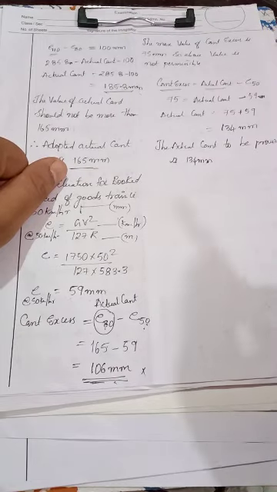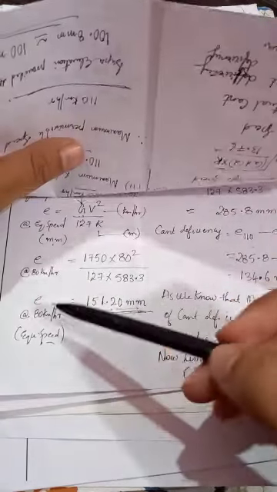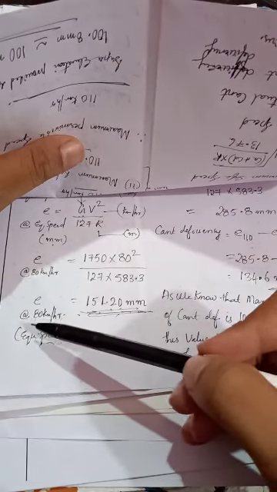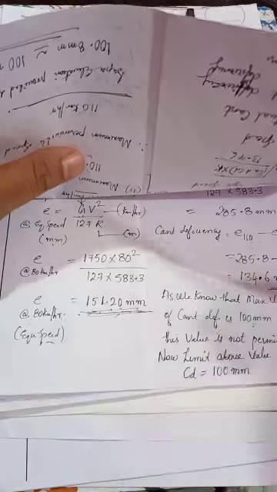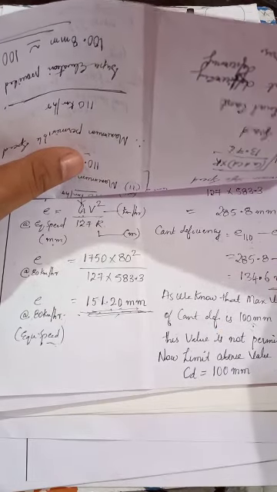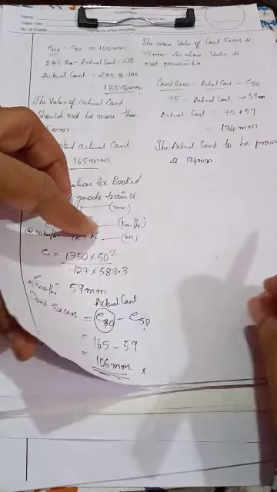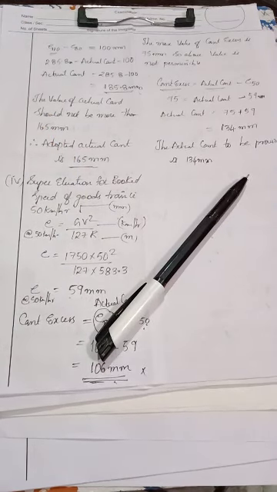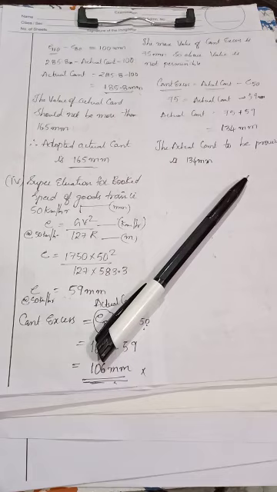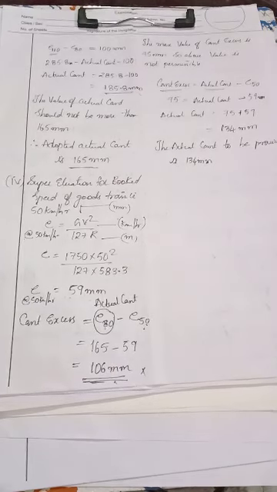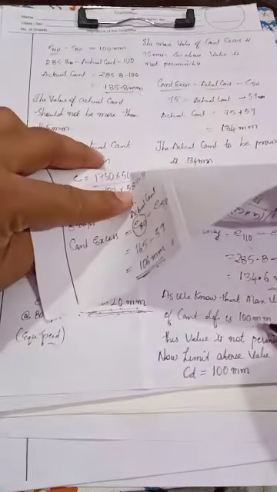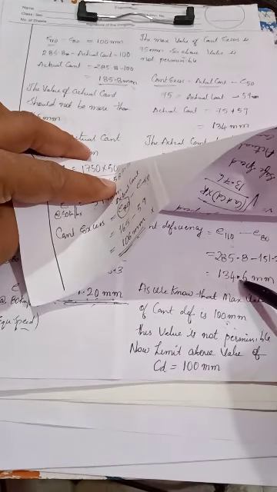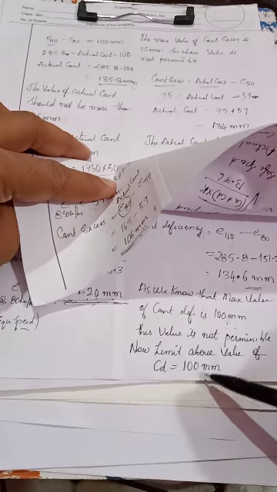In the 2-degree curve problem, the cant or super elevation which we got for equilibrium speed was our actual cant, when cant deficiency and cant excess fell under the limits. But here in this problem, as the cant deficiency exceeded 100 mm, this 134.6 mm has to be brought down to 100 mm.